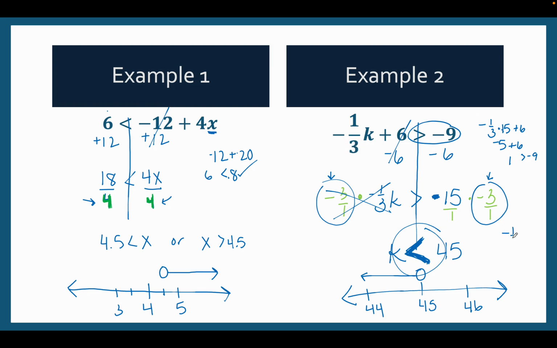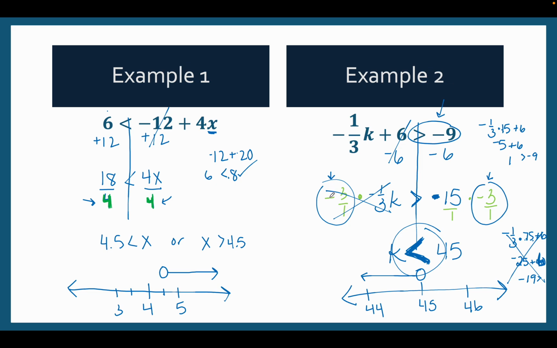So if I do negative 1/3 times 75 plus 6, 1/3 of 75 is 25, but it's negative, so negative 1/3 times 75 is negative 25, plus 6 is negative 19, and that is not greater than negative 9, which is what it's supposed to be. So you can see that if I don't flip the inequality sign, those values are not true if I plug them into the original inequality.